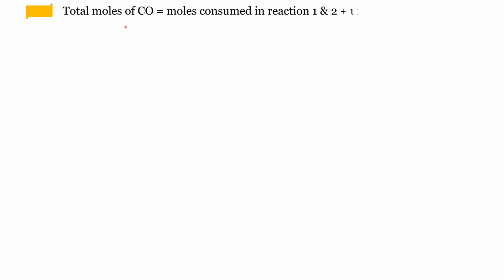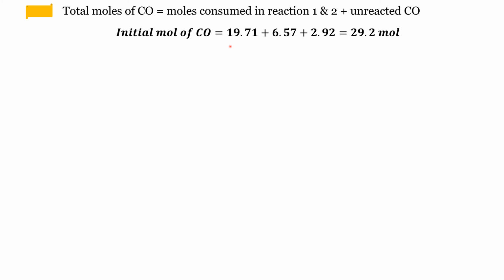Total moles of CO will be equal to moles consumed in reactions 1 and 2 plus the unconverted amount of CO present in the product. So initial moles of CO will become equal to moles of CO consumed in the desired reaction plus moles of CO consumed in the undesired reaction plus moles of CO unreacted, and it will be equal to 29.2 moles.